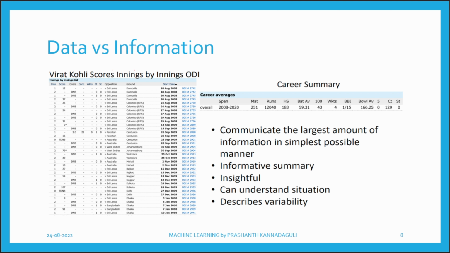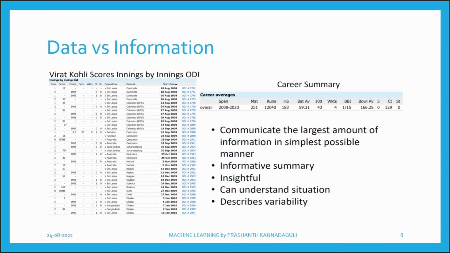So you see the difference now. The whole table, if you show it, is data. Data may not be useful all the time. What is important, what is useful, is information. Now you see, the career summary is the information. If they give this, you will understand, okay, his score is this, his best average is this, his highest run is this, he has played so many matches. Most of the content in the tabular data is not useful.